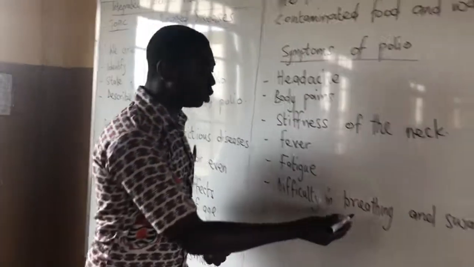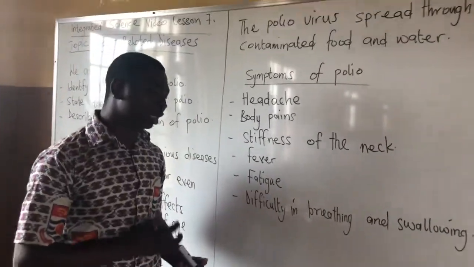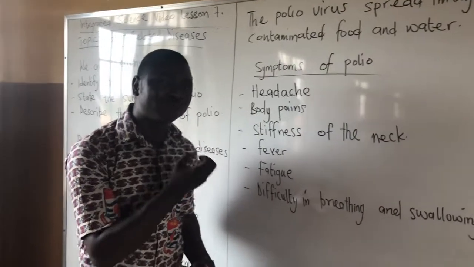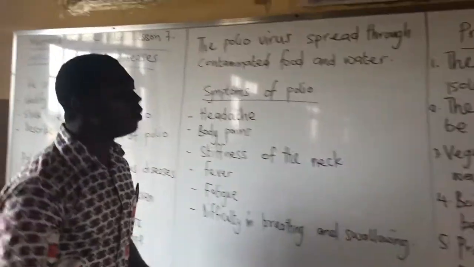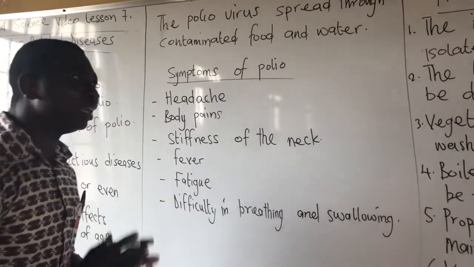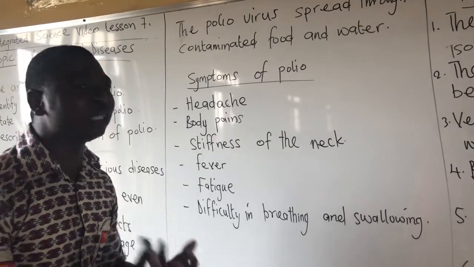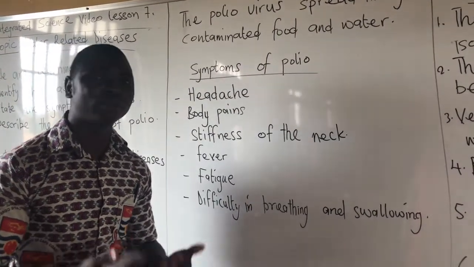So it can happen that you can't breathe well. If you see these signs or symptoms, then we have to talk about the prevention, how to prevent this disease from coming.